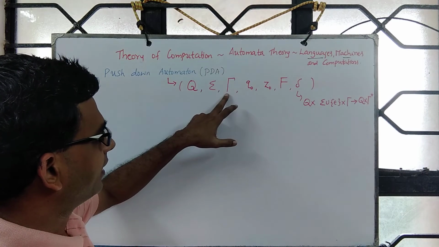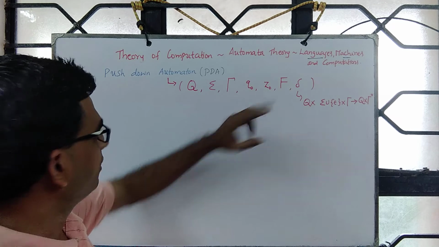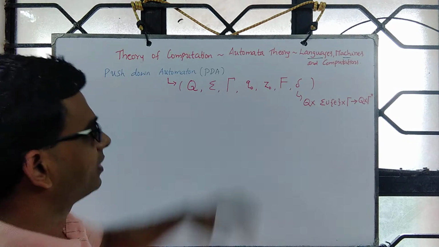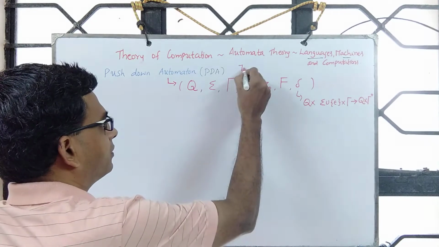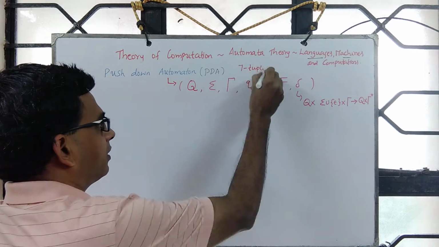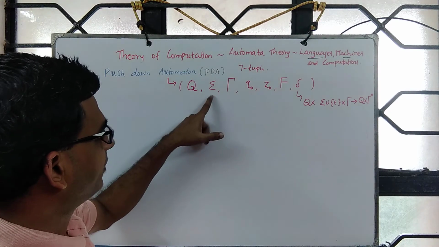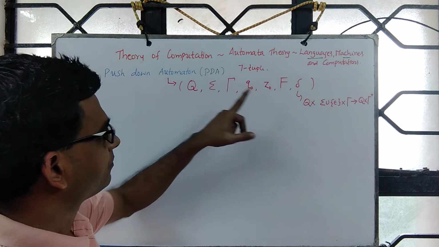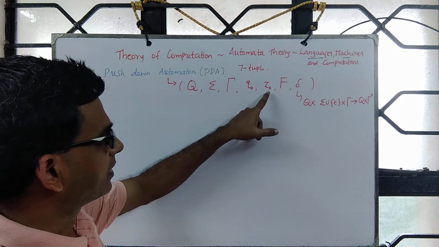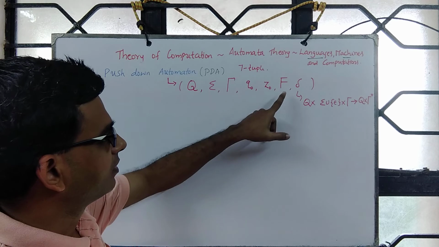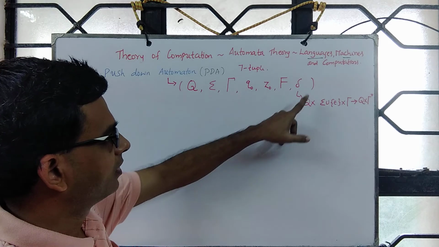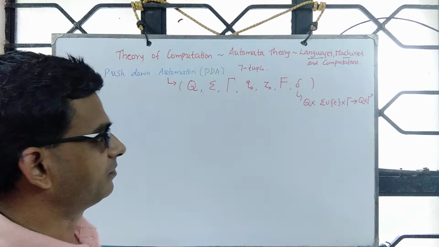You will not see gamma and Z naught, but for a PDA it is a 7 tuple. So what are they? The first one is the set of states, input alphabet, stack alphabet, start state, start symbol in the stack, the set of final states, and the transition function.